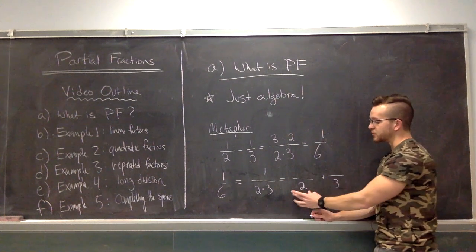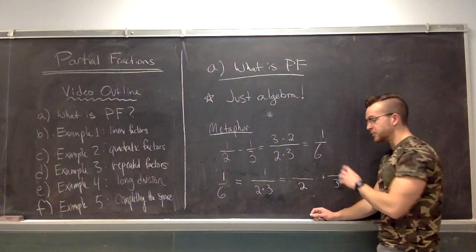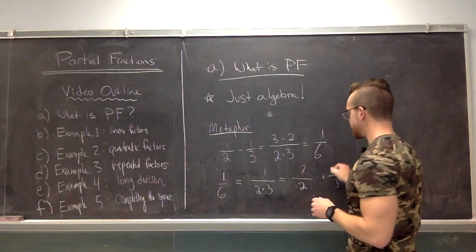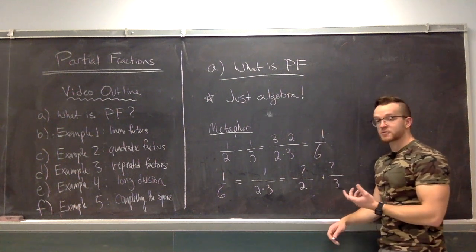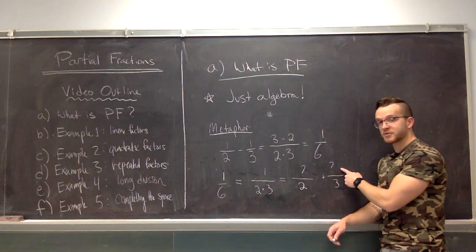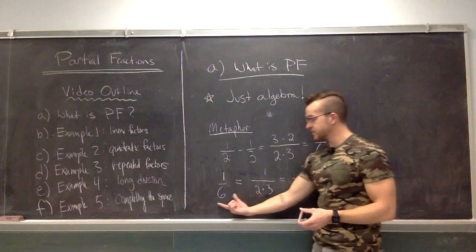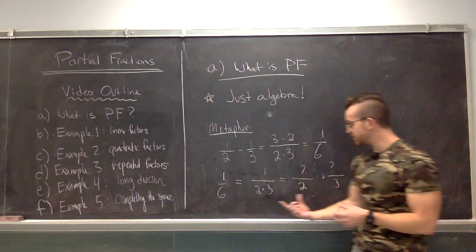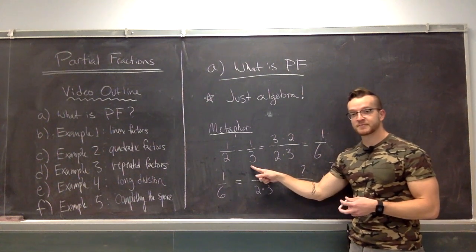And in general, you want a decomposition like this, but you don't quite know what numbers you put here and here. So these are unknowns. The process of partial fractions is just determining what these unknown numbers are. But then once you do that, you'll have your scary looking fraction decomposed into simpler pieces.